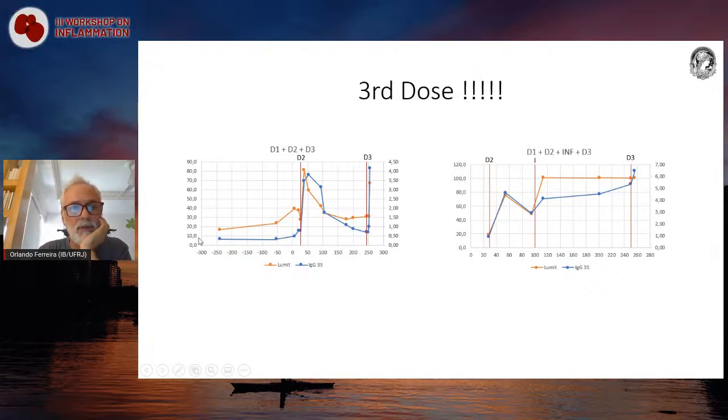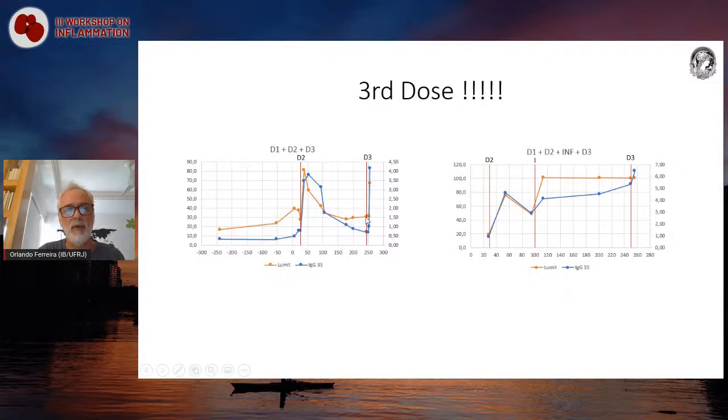But I would like to draw your attention to the fact that this individual, after the second dose, got a neutralizing antibody that was falling really fast over time. In fact, after a few weeks of the peak level, he no longer had the neutralizing antibody.